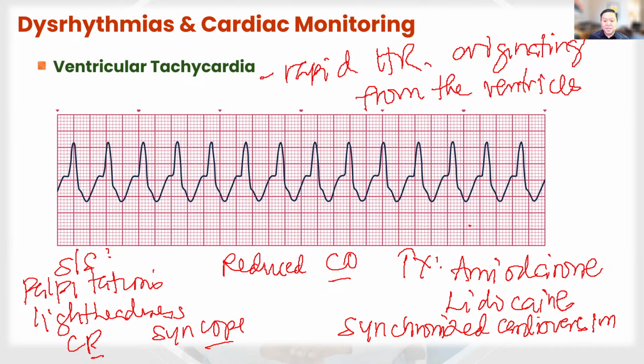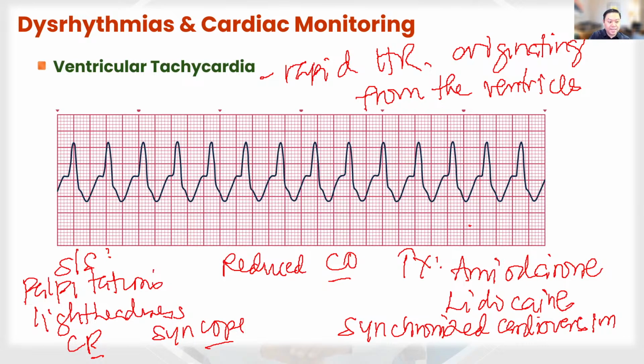Now, for this patient that has the ventricular tachycardia, we're going to have to manage this in the long term. We're going to have to identify and treat the underlying causes, and possibly the medical provider or the cardiologist will recommend the placement of the implantable cardioverter defibrillator.